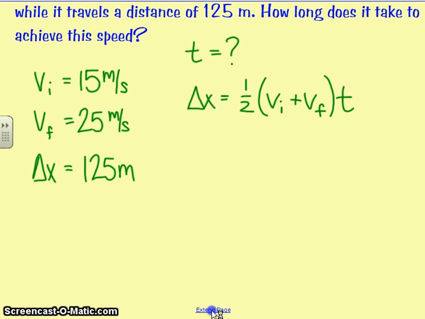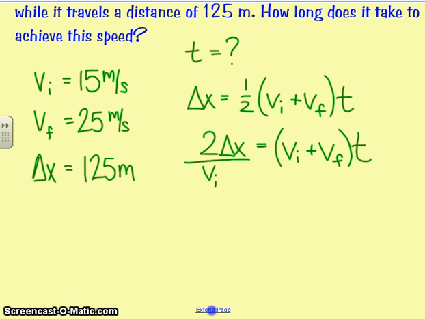I'm solving for time, and so I'll solve that algebraically first by multiplying both sides by 2 to get rid of the 1/2. 2 delta x equals (v initial plus v final) times time. And then I'll divide both sides by that quantity in parentheses to get time by itself.